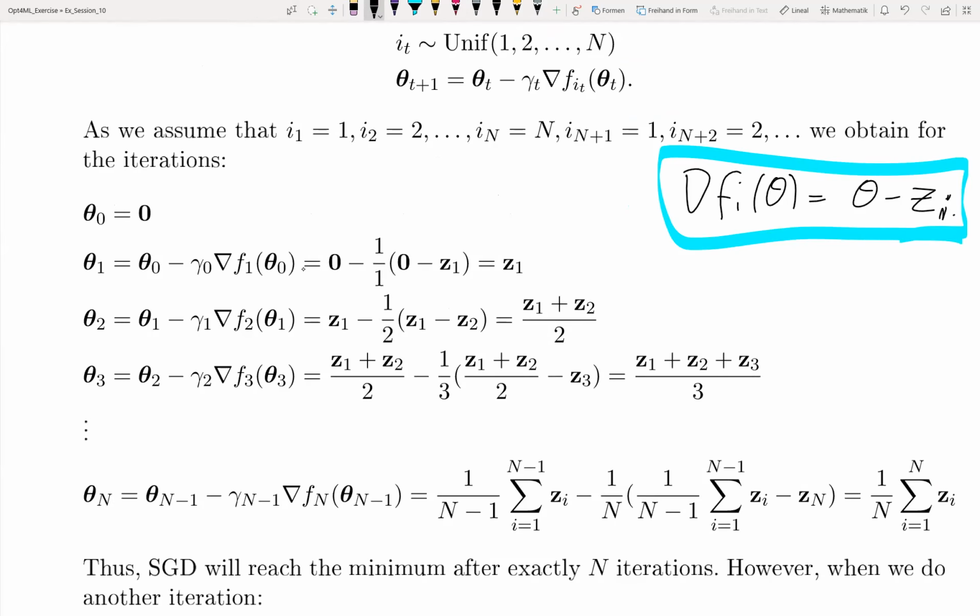Yeah, so in the first round, it's the first z_1, which we subtract from the 0, from the current position every time, and remember, gamma_t is 1 over t plus 1.